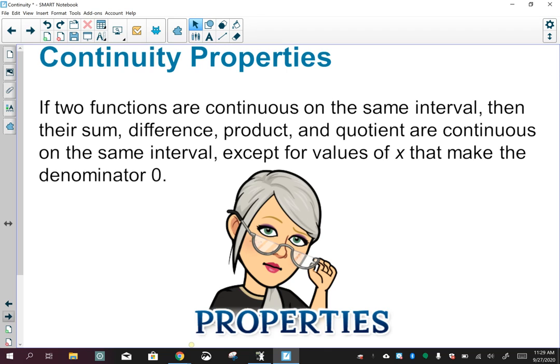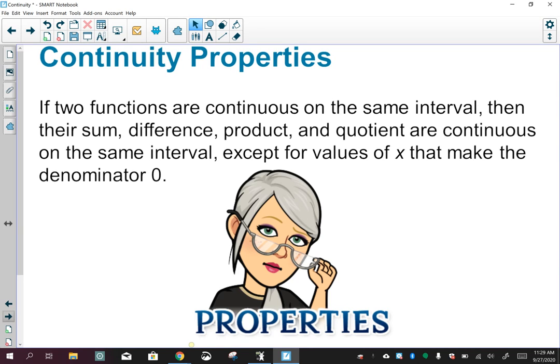If two functions are continuous on the same interval, then their sum, difference, product, and quotient are continuous on the same interval, except for any values that make a denominator, primarily going to be on that quotient piece, equal to 0. So that's one of the things you need to remember.